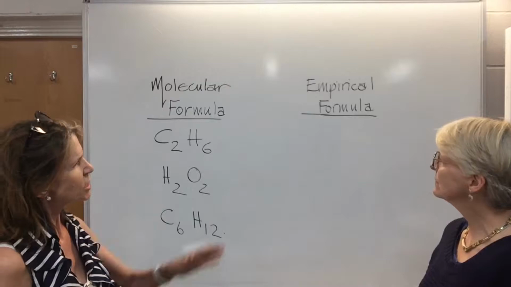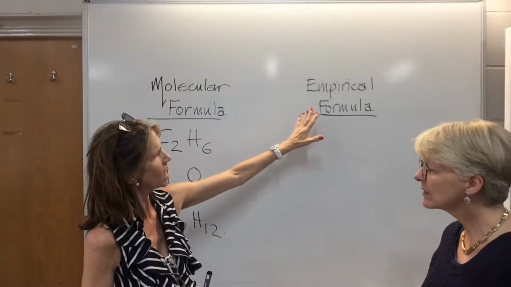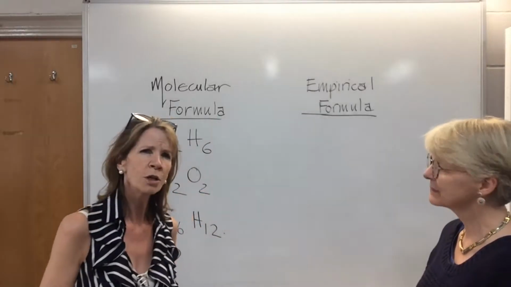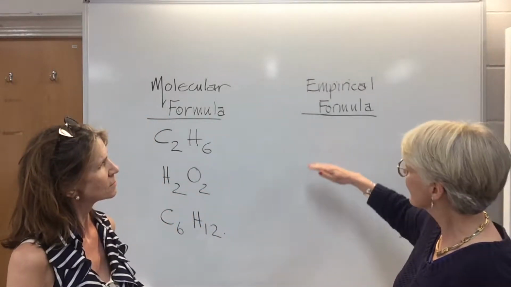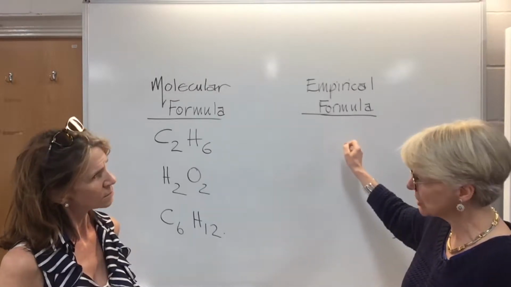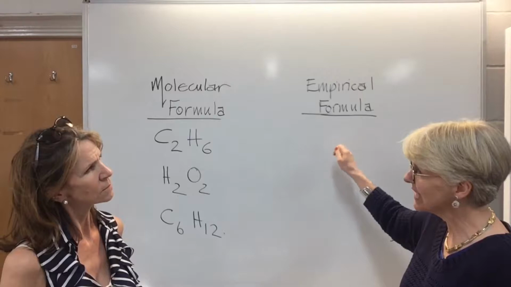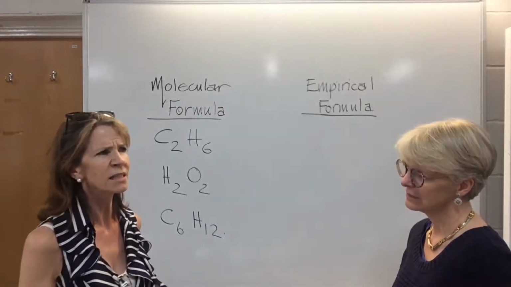Now, this new word, empirical. What does that mean? Well, in this context, the empirical formula tells you the exact ratio of the atoms of each element in the formula. So it's like the simplest ratio?